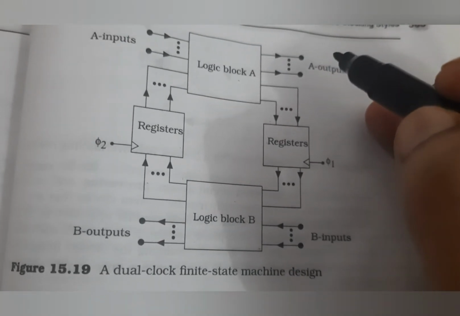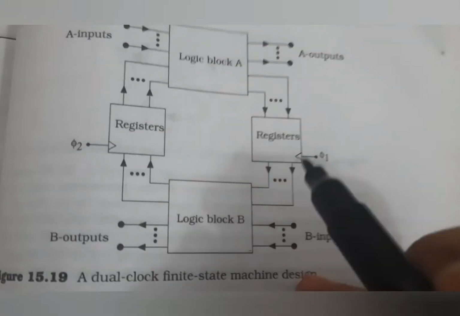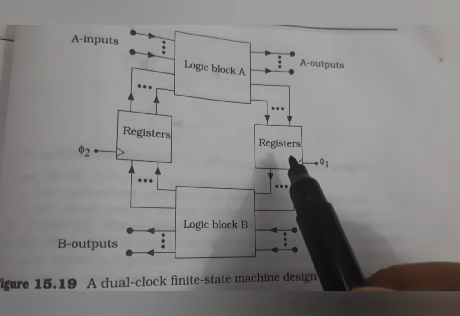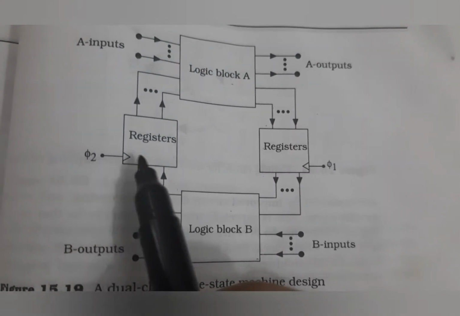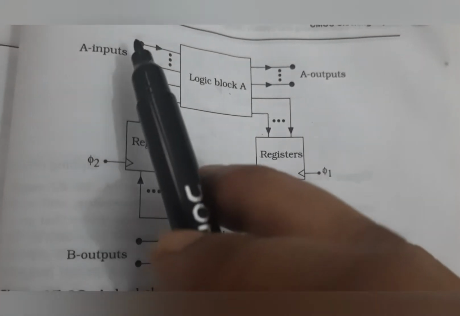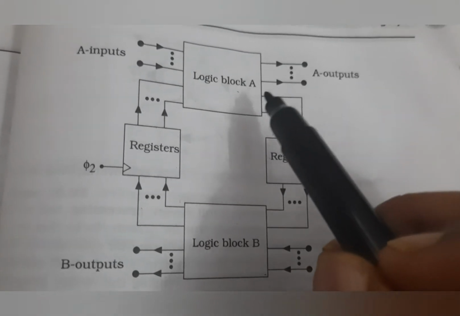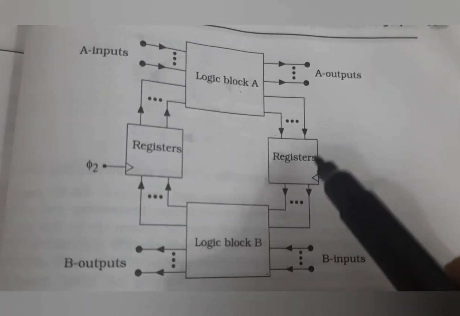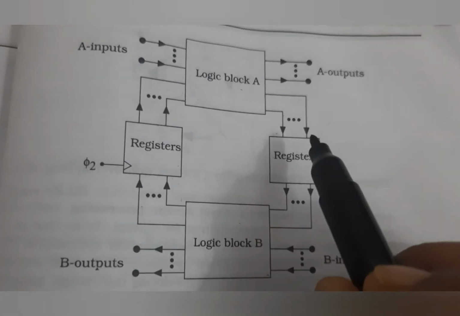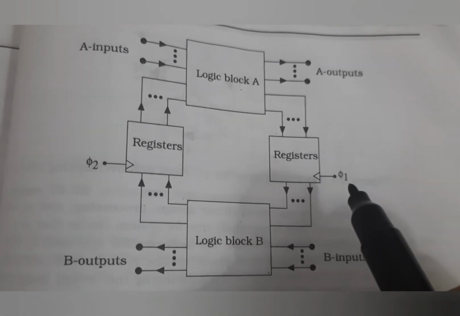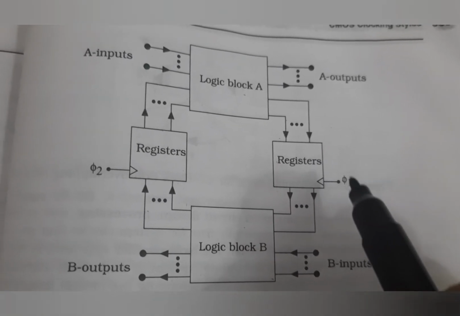So consider this finite state machine design. If you give one clock to this register and another clock to this register, here the input A goes to this logic block, which performs the operation, and its output is given to this register. This register passes the value when clock phi 1 is 1.